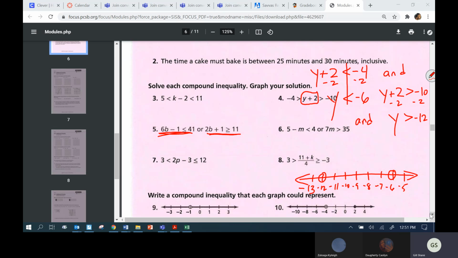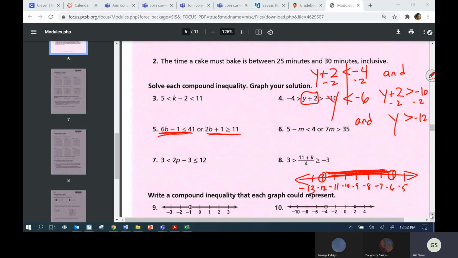And then we say, okay, this is the shortcut version: if y, the variable, is in the middle of the two numbers, then our shaded region is in the middle of the two numbers. Or you can think about the better way, if you understood it: I need all my answers to be less than negative 6.